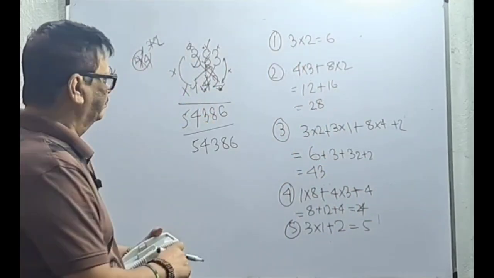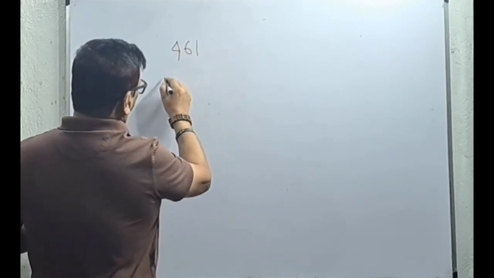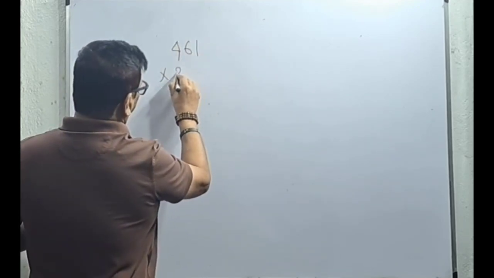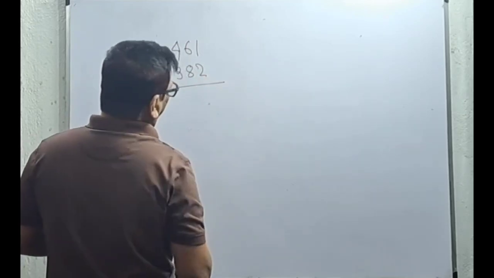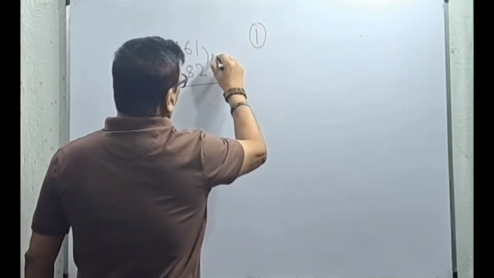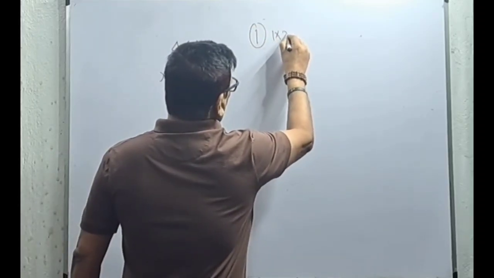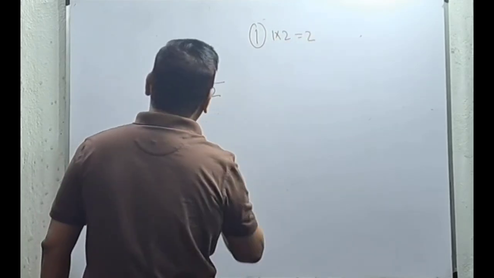Let's do another quick one. Say 461 multiplied by 382. Right? Step number 1, multiply these two. 1 into 2, which is 2. Write down 2 here. Right?